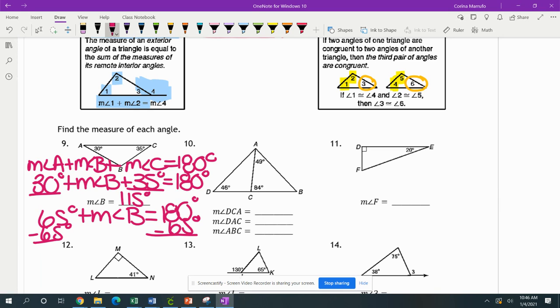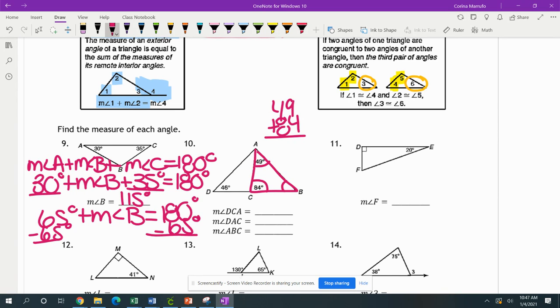Now looking at the next one here, they want us to find all of these angles. So first I'm going to see what they give us. They give us this angle is 49 and then this one is 84. If we notice this small triangle right here, we can find this angle by subtracting these two from 180. I'm not going to show you all this work all over again. We're just going to do 49 plus 84.